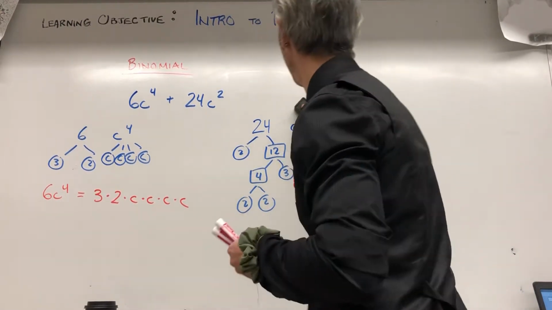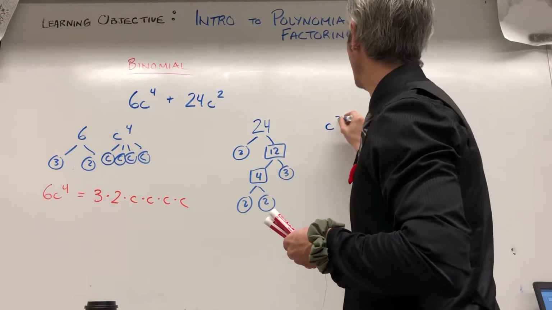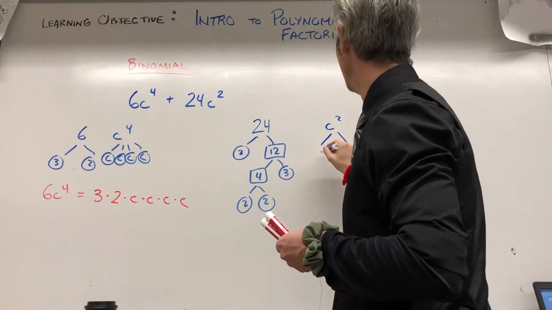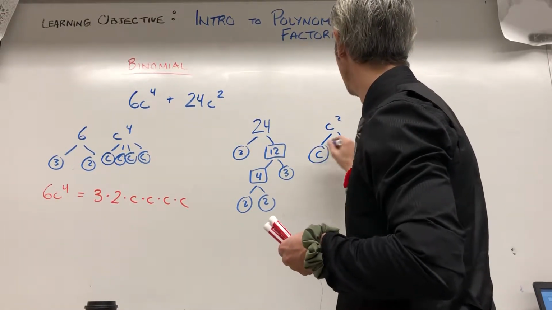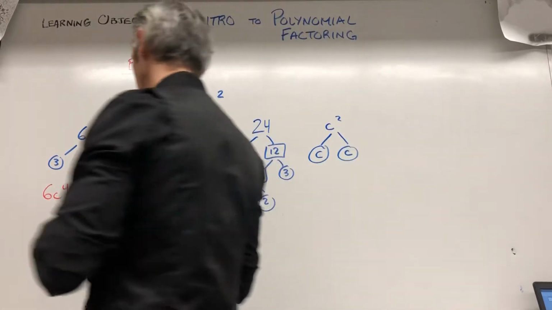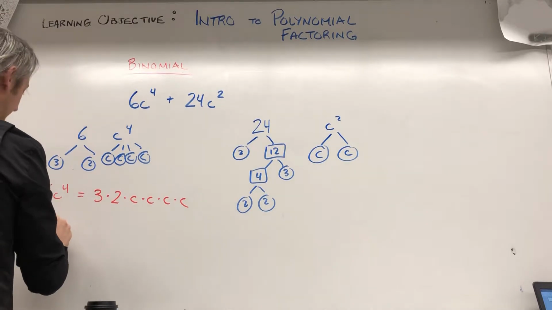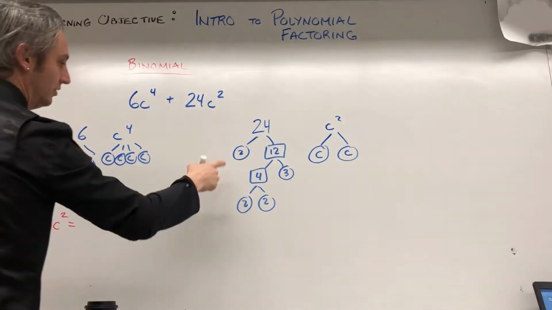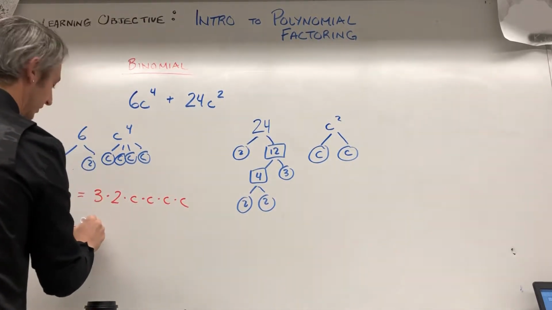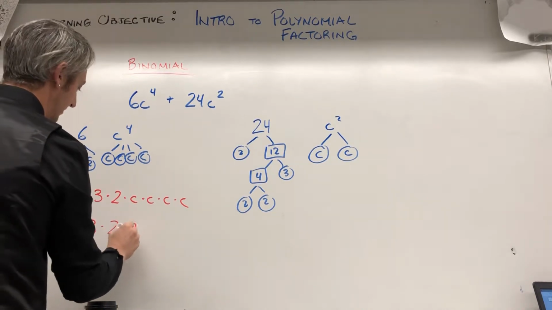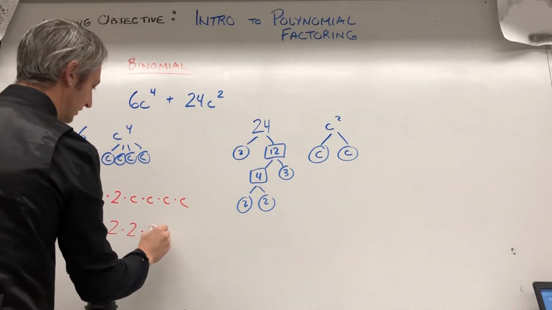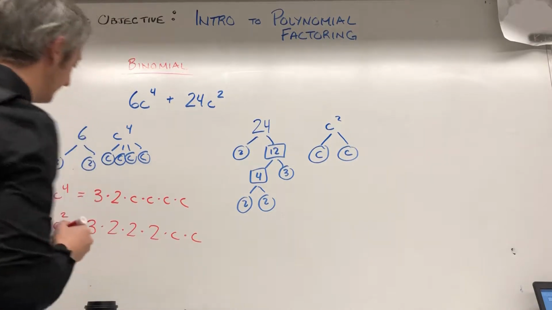And then the c squared is c times c. So I write that over here. So 24c squared is 2 times 2 times 2, so it's 3 times 2 times 2 times 2 times c times c.